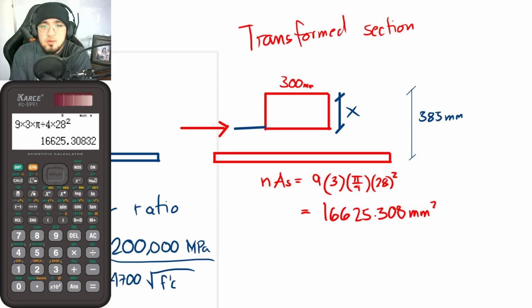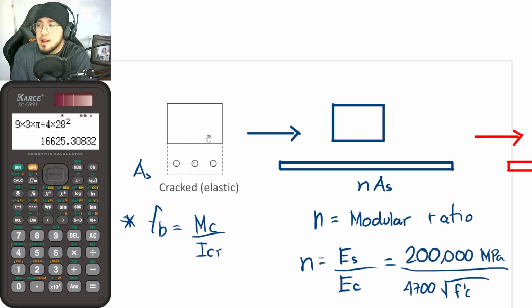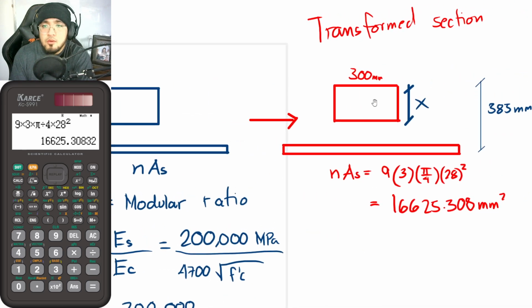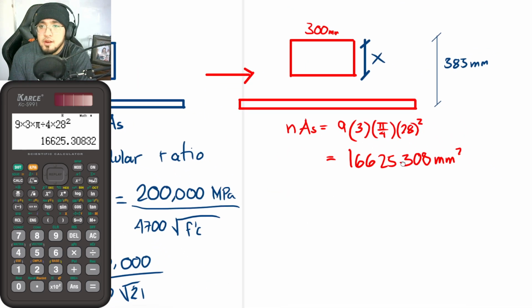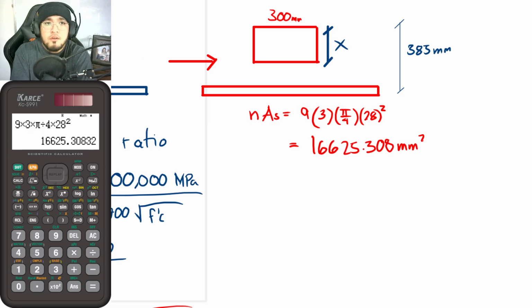Since this is our neutral axis, that should be the location of the centroid of our beam. As a shortcut for Varignon's theorem, we can get the moment about this point going here and from this point going here.